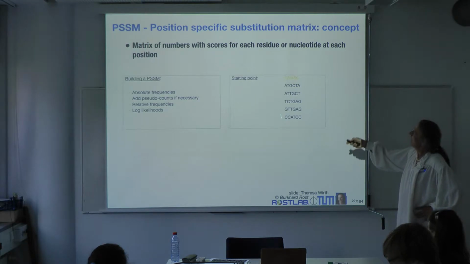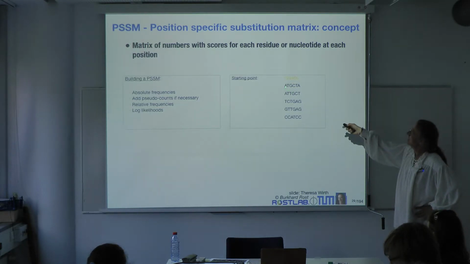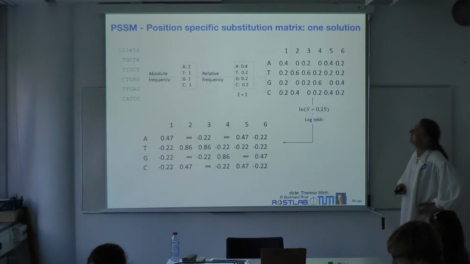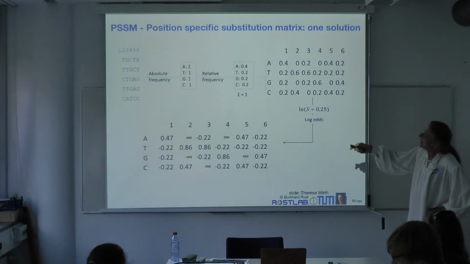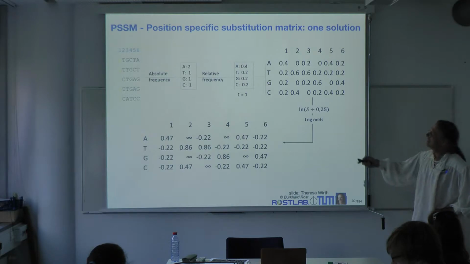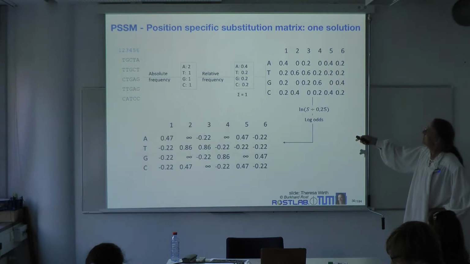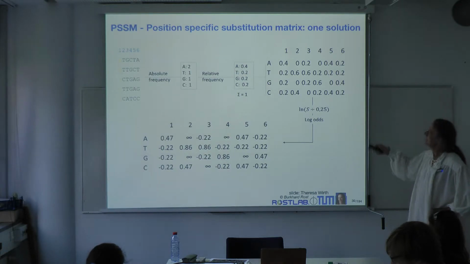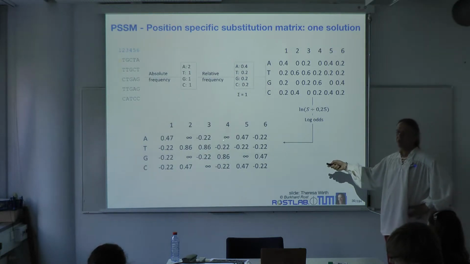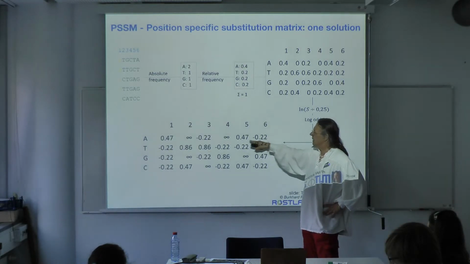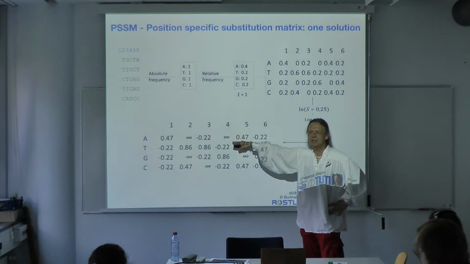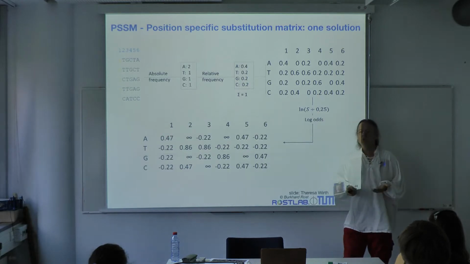The profile can also be done for a short region, and then it's a motif. So we begin with these 5 sequences here, 6 positions, so 6 nucleotides in this particular case, and then we compile from the initial alignment. We compile the absolute frequency at every single position, transfer that into a relative frequency, transfer that into a probability, and compile a log odds matrix. The log odds matrix will have the problem of infinity here, so we will correct that by pseudo counts.